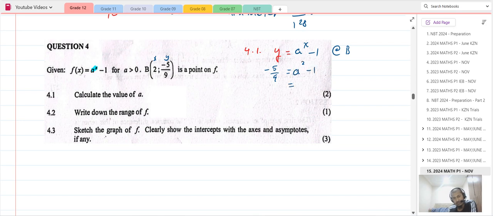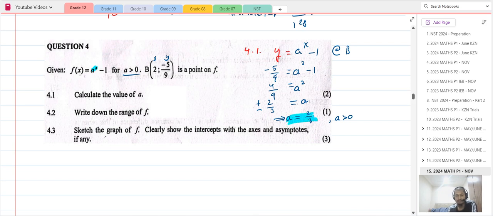Adding 1 on this side, you get 4 over 9, which is a squared. Taking the square root, we get plus or minus 2/3. This implies a is equal to 2/3 only, since a is positive, as given. So the answer is a equals 2/3.